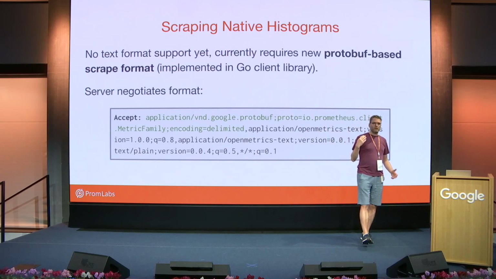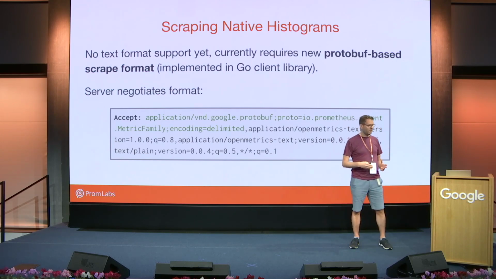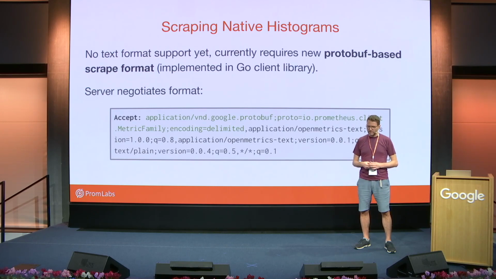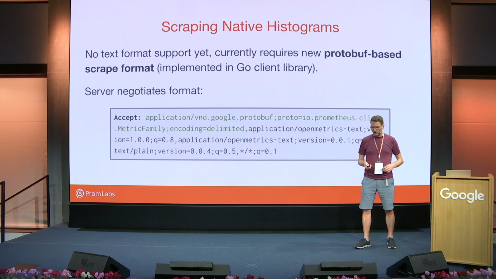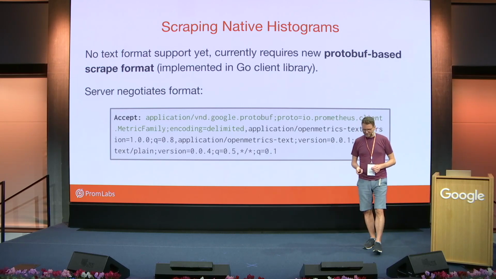Currently, the new native histograms are only supported in the protobuf format. There's some text format support being worked on that will come at some point. But protobuf is more efficient for these currently, like all these many buckets that get transferred. And that is also currently only implemented properly in the Go client library. So if you want to try it out, use the Go client library.